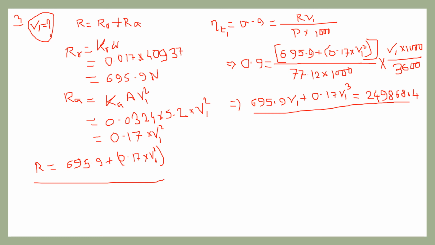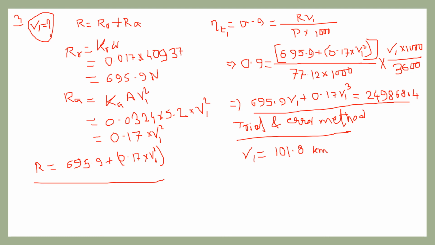From this equation we apply the trial and error method, and we got the value of V1 equals 101.8 kilometer per hour.